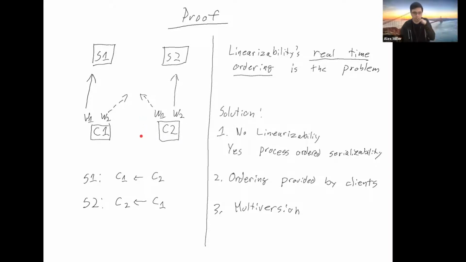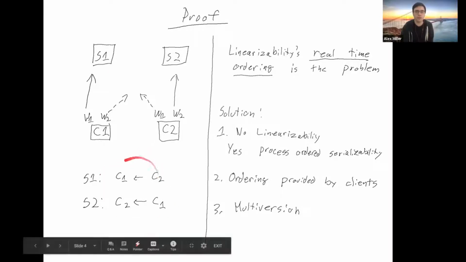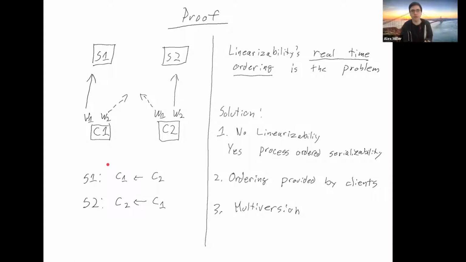And so resolving this and getting this conflict situation to not happen would require either blocking for some sort of communication to happen, doing another round trip between the servers, or something to get the exact ordering figured out. So basically they turn this into a description of a solution: if you want to build a system that satisfies their NOC criteria, then you need to give up linearizability. And the next strongest thing that they can offer is process ordered serializability, which we'll discuss later.